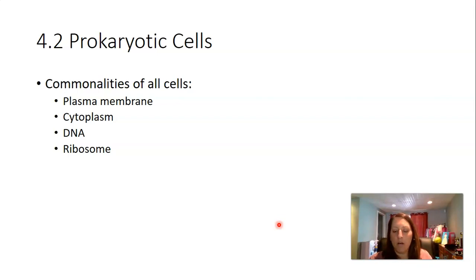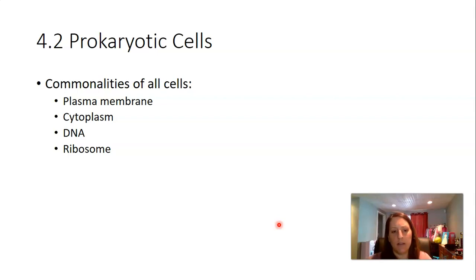Okay, so again, all cells, prokaryotic and eukaryotic, contain a plasma membrane that is going to surround the internal contents of the cell. It's going to be that barrier between the cytoplasm and the outside environment. Now, some cells, plant cells, and some prokaryotes are going to have structures outside of that plasma membrane, a cell wall or some other type of a structure, a capsule, something like that.